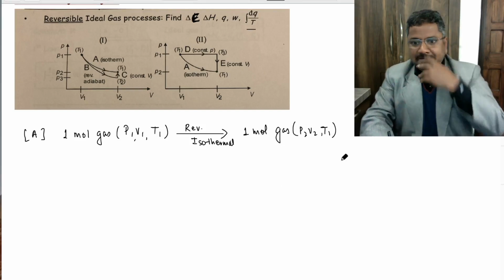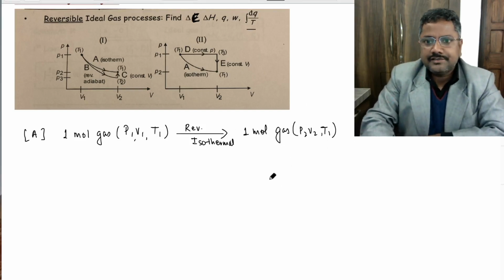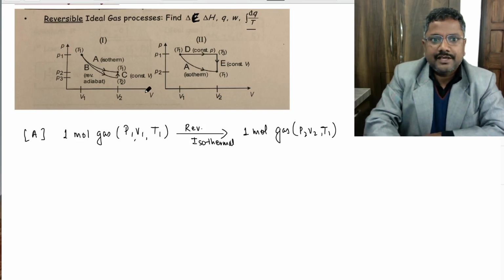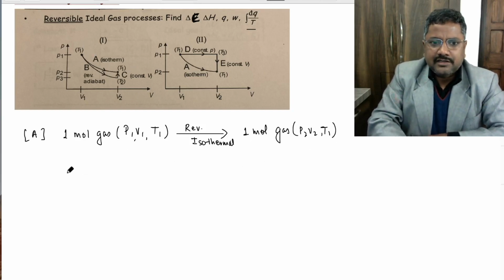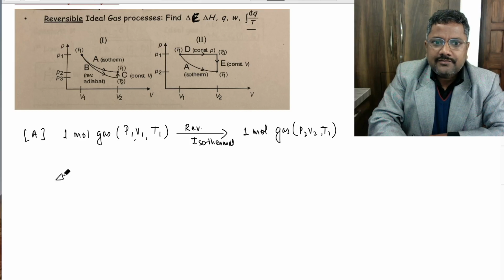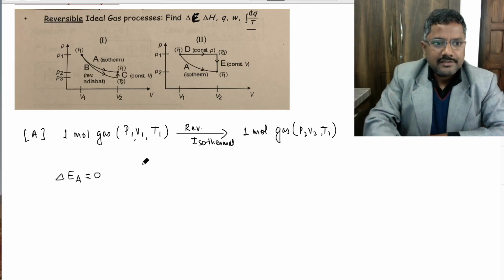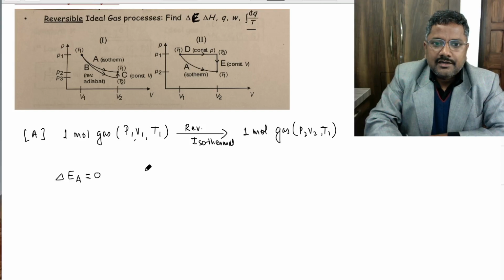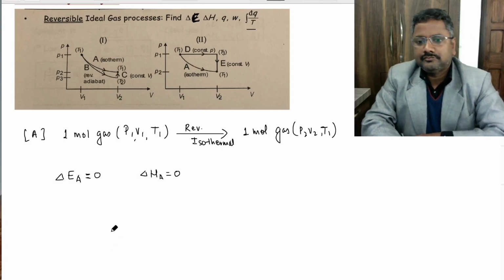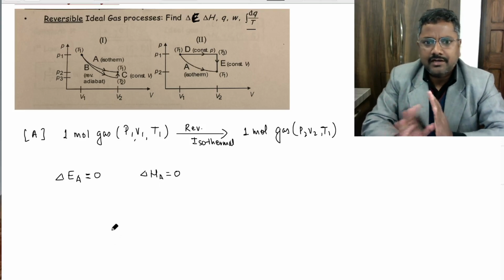So this is path A. As we are very clear, if temperature is constant, then delta EA is equal to 0, and delta HA is equal to 0. We are very much clear about this.